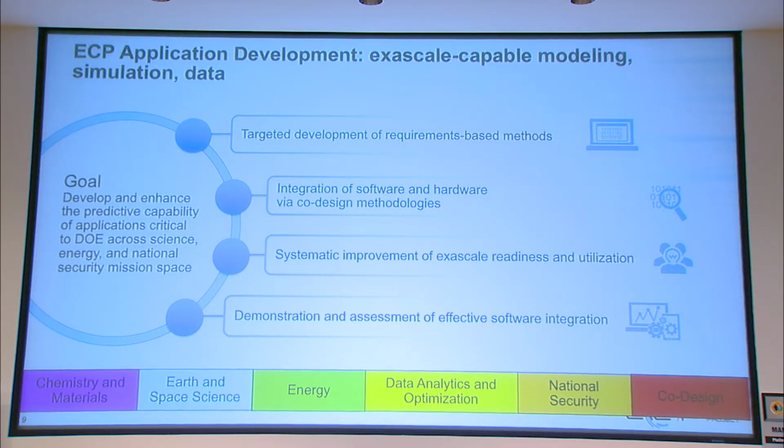So the ideas here are really about thinking about what's the next generation of physics, the systematic improvement that we need for exascale readiness and utilization of those systems, and then the demonstration of that capable system that we talked about earlier, that 50x in science work rate.